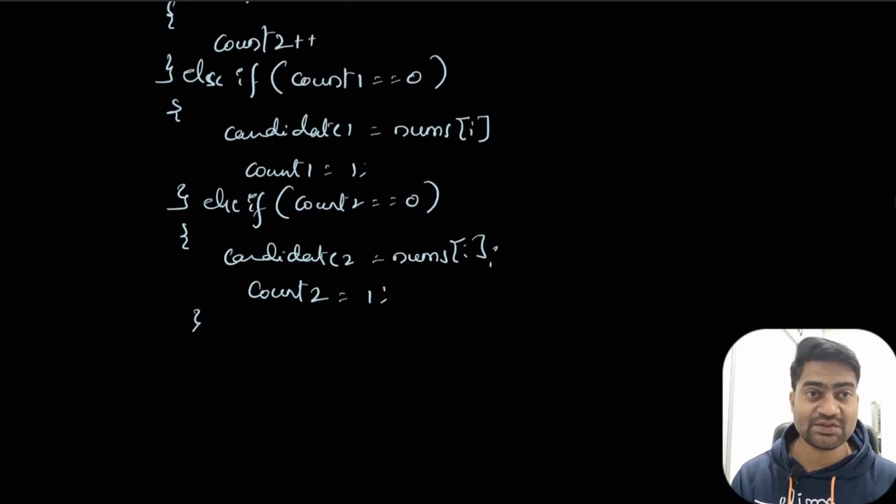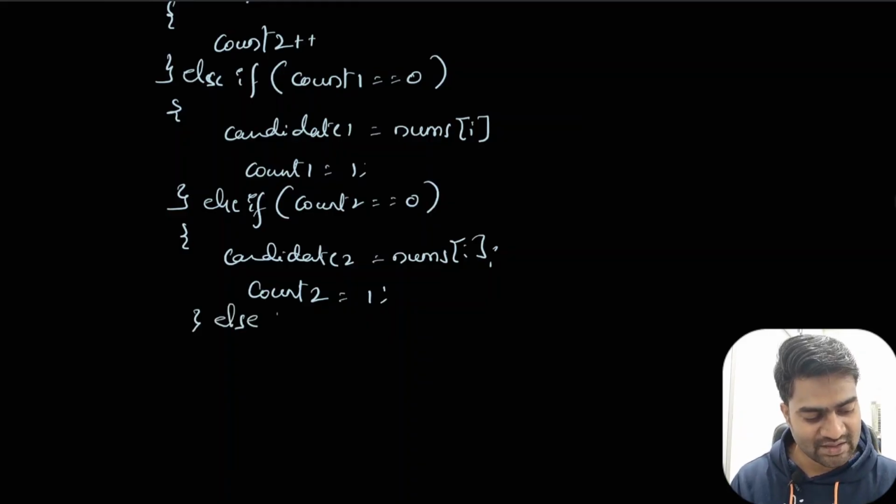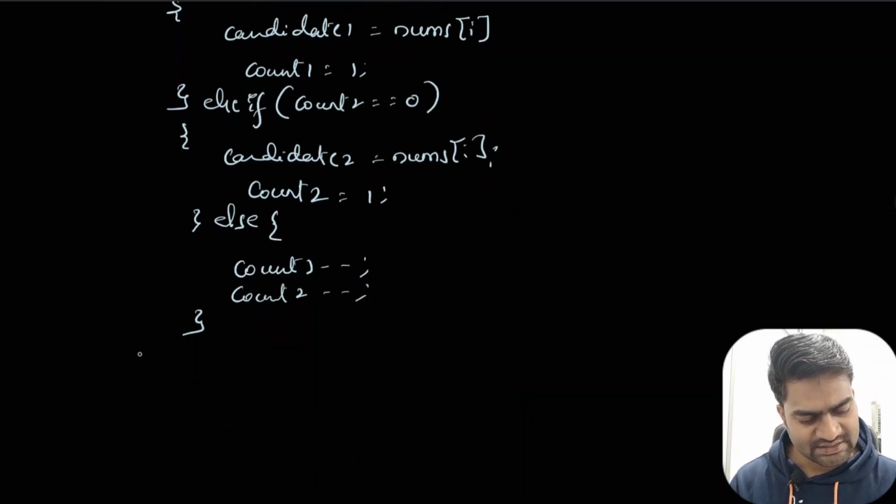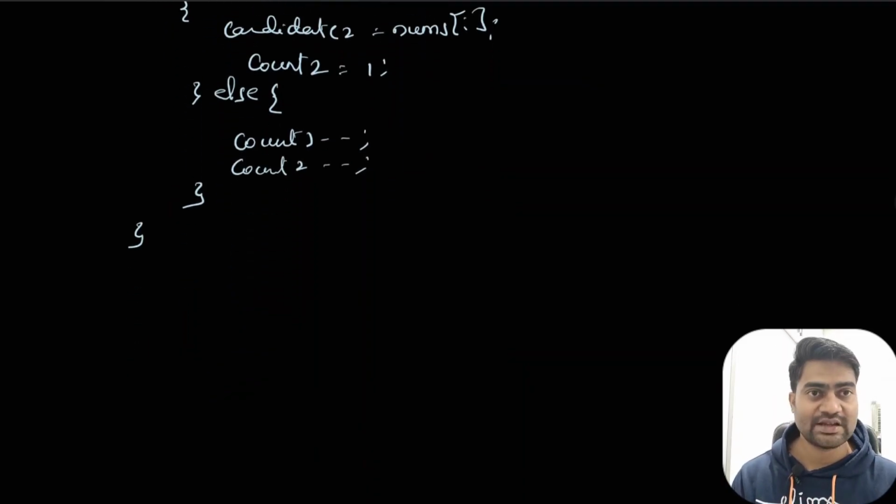So if this is also not the case, then the candidate is something different. So that time we will have to simply decrement count 1 and also count 2. Okay, this is our else. Then once this is done, now we need to make sure whatever candidate 1 and candidate 2 we get, they are having the required count.